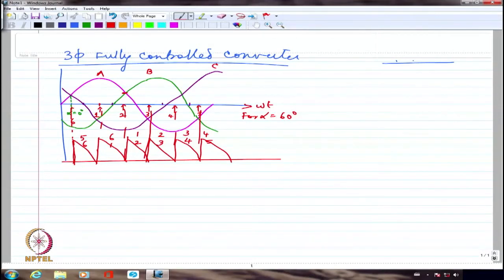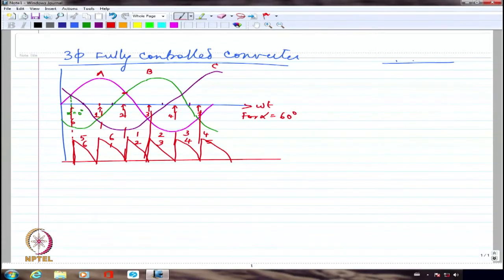If it is a resistive load, I would not have a zero current interval persisting for longer, because it might touch 0, even if it is R load, and then the current will jump up again. So the 0 interval is not really finite, it just touches 0 and then jumps up. So this is the way the voltage is going to be.